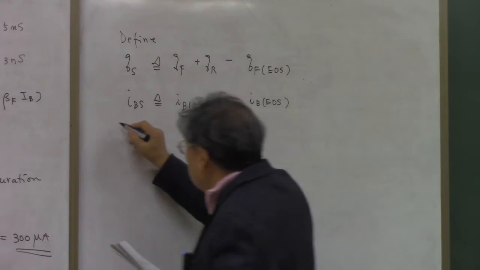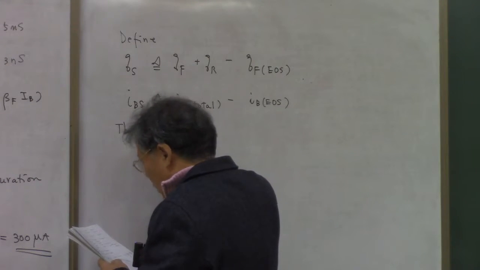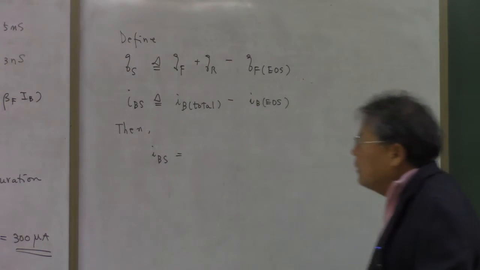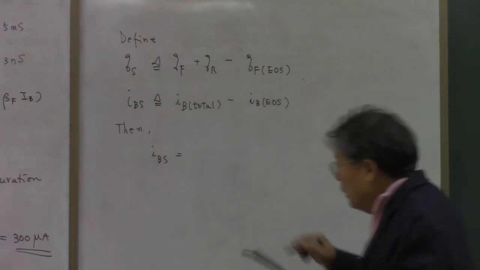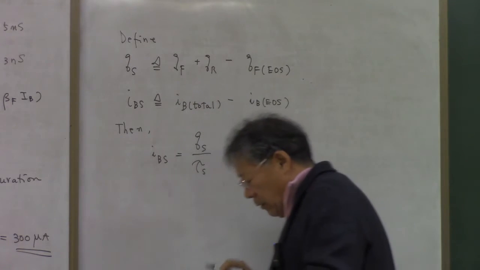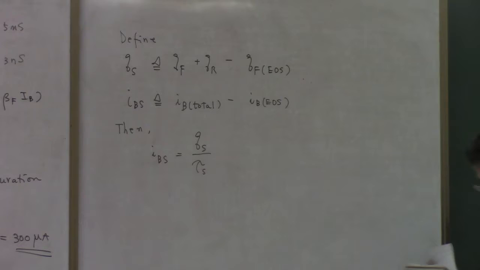And then we can set the base saturation current is going to be QS over tau S. We continue the notation here.